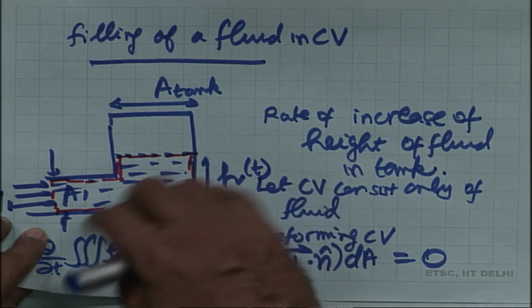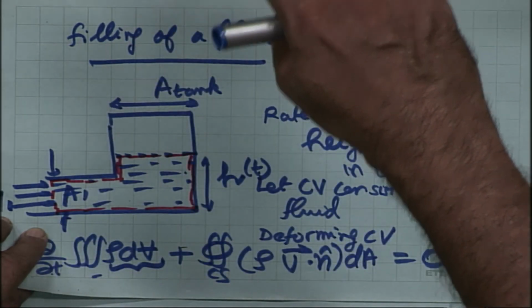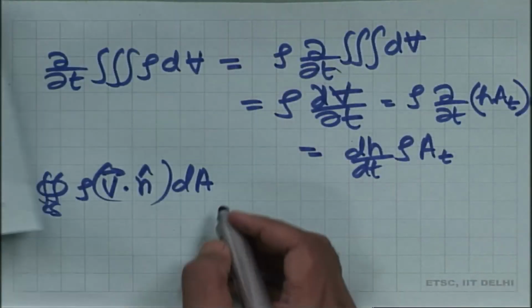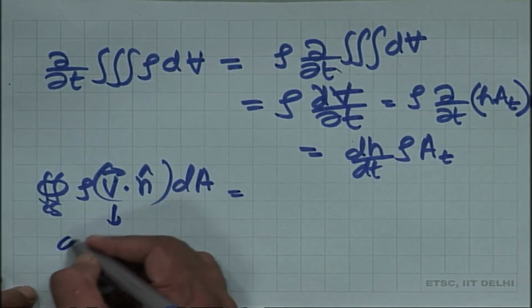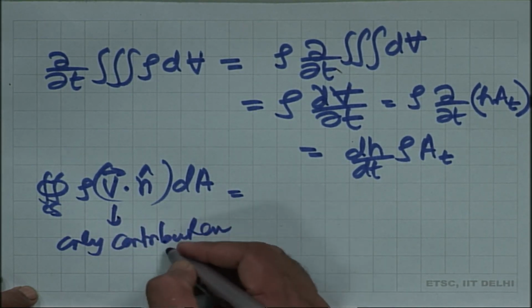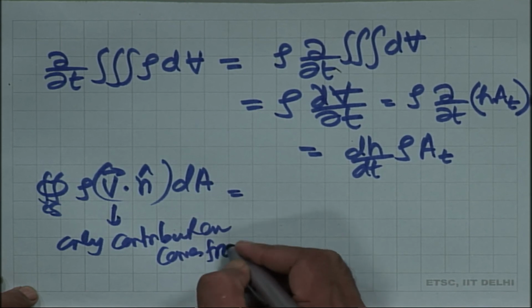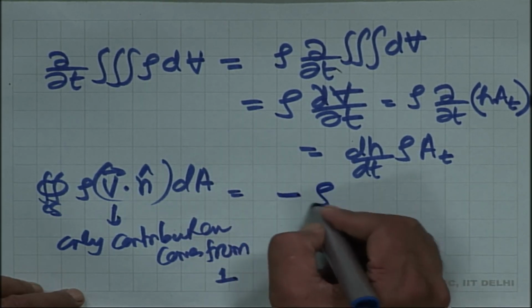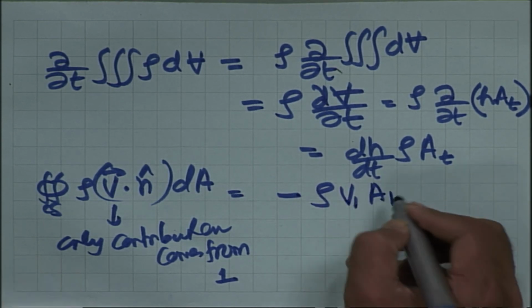At the top part, because the control volume deforms, fluid is not crossing the control volume. So, therefore, this term's only contribution comes from 1, and this will be equal to minus rho V 1 A 1.